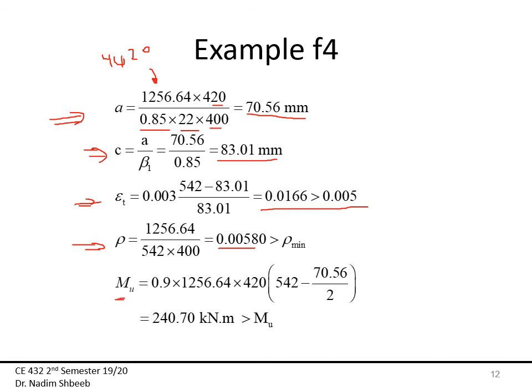From that, now M ultimate is 0.9 times area of steel times Fy times 442 minus a over 2, and M ultimate is 247.7, bigger than M ultimate required, which is actually very close to it. I think this is probably in the realm of 2%, so this design is actually pretty, I would say, economical, if you will. All right.